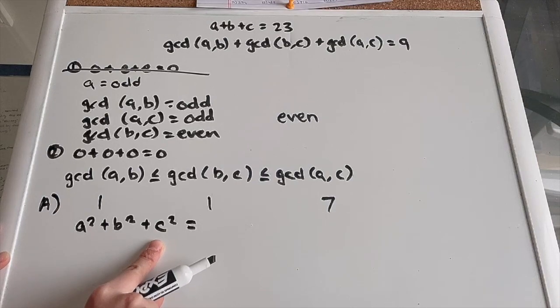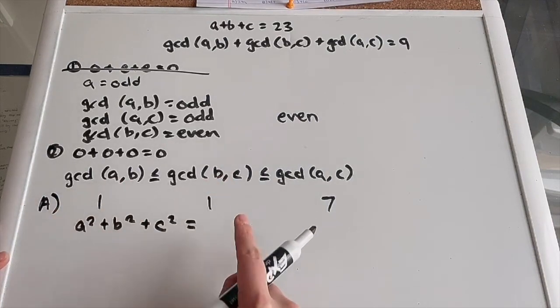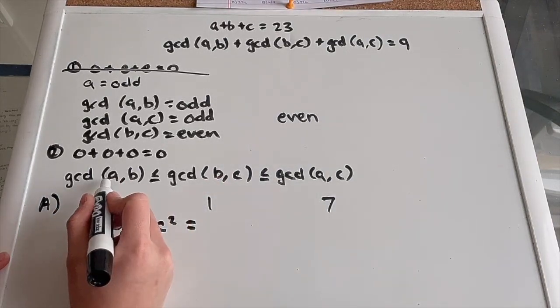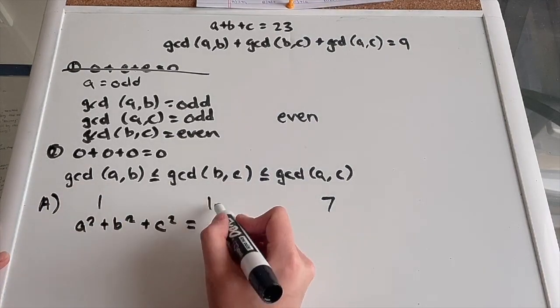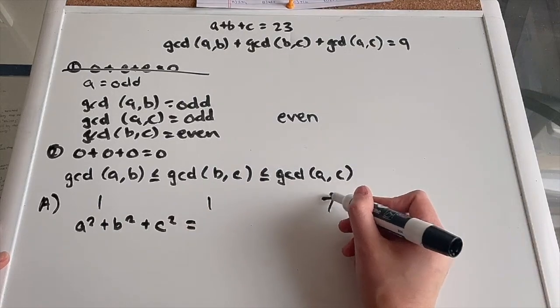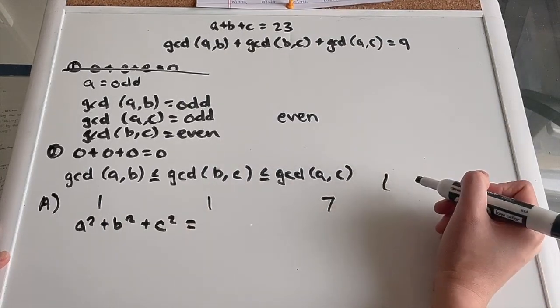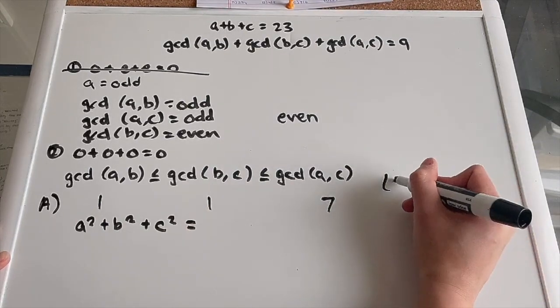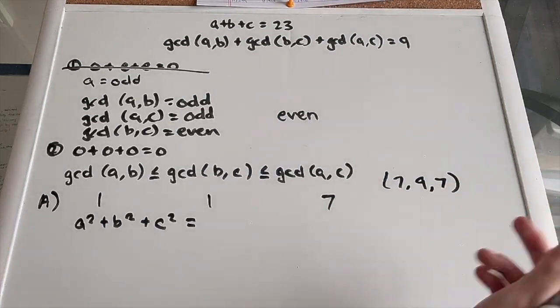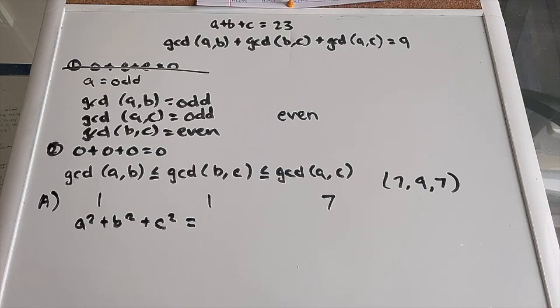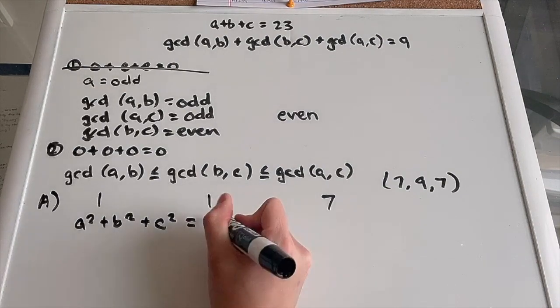We have to look at what A, B, and C could be. Since the greatest common divisor of A and B is 1, and these two are 1 and these two are 7, then we can see that the only solution will be 7, 9, and 7 for A, B, and C. And so A squared plus B squared plus C squared would equal 179.